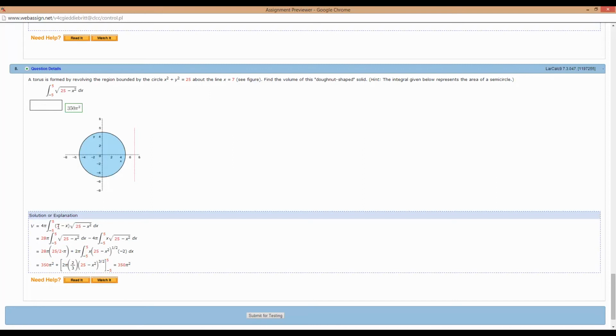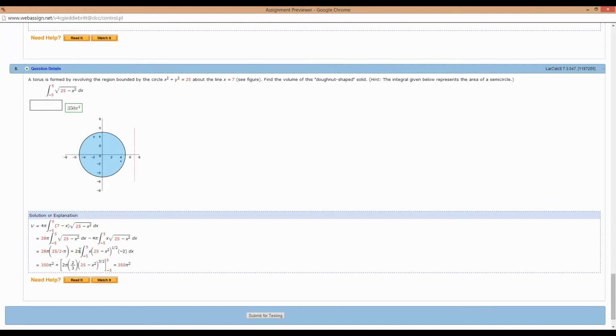So this 7 that was on the outside, they moved it in front, so you have 28 pi times 25 over 2 pi, plus, when you multiply this radical times this x, you get this other integral here. This you can do. Let what's under your radical be your u. Your du is negative 2x, and so the x is on the outside.